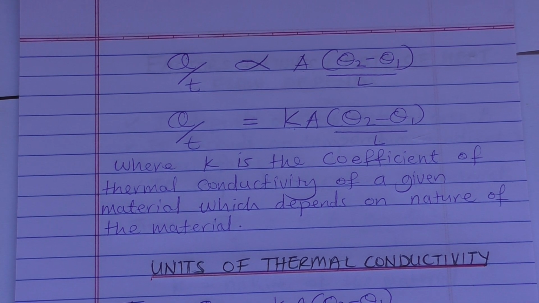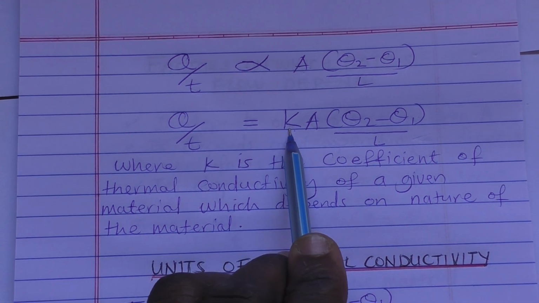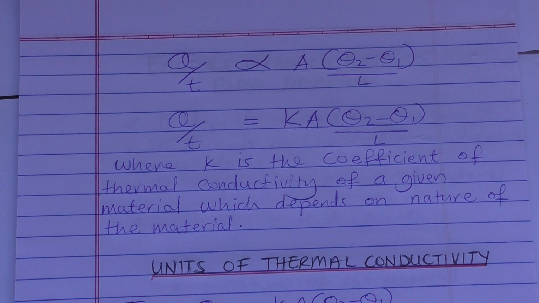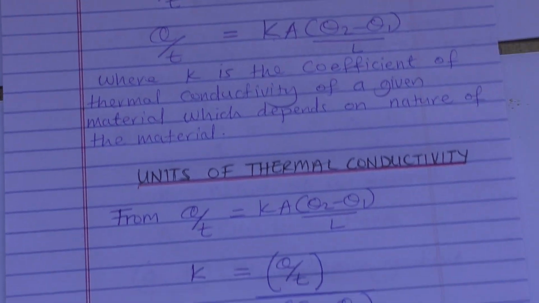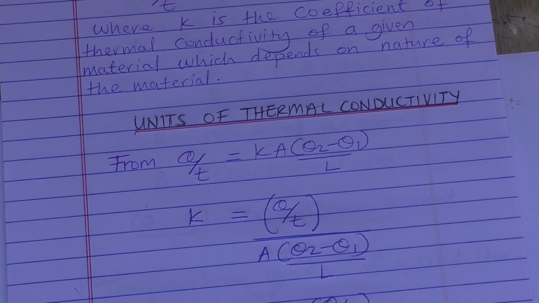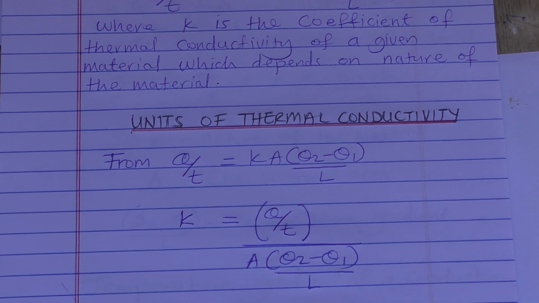That's why we can have two metals but having different rates of heat flow because of thermal conductivity. So the units for thermal conductivity, we shall derive them from the formula.